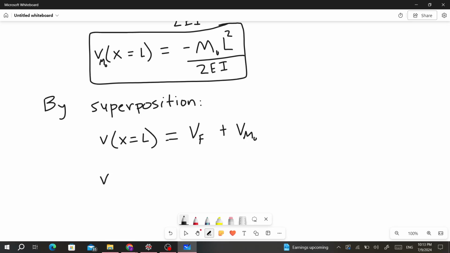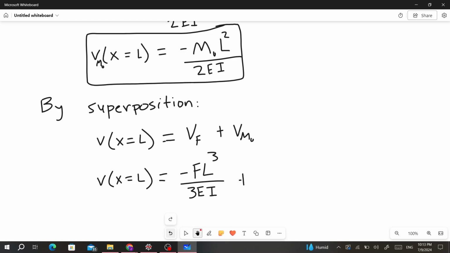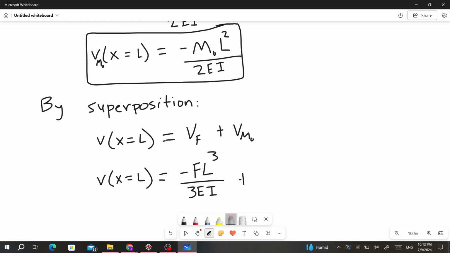So v at x equals L is equal to minus FL cubed over 3EI plus this expression for v caused by M naught, which is minus M naught L squared over 2EI.